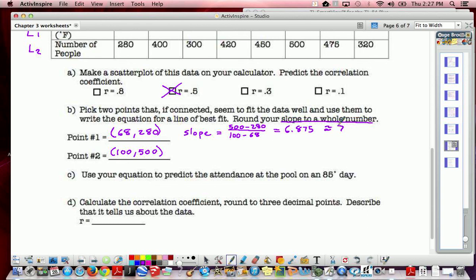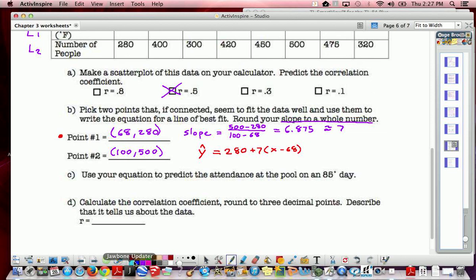So now, depending on what point I use, I could have one of 2 equations. I get y hat equals 280 plus 7 times x minus 68. That was for the first point.